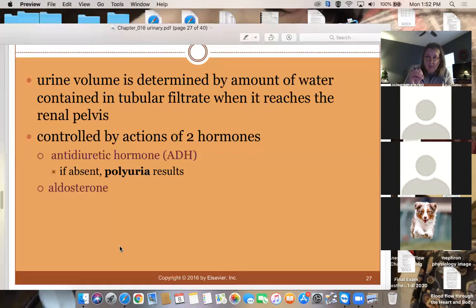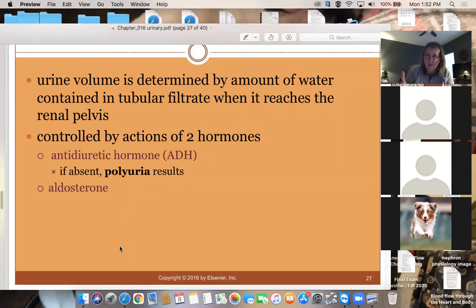So ADH has its effect at the kidney. What is it monitoring? Hydration. So if I have an animal that's ADH deficient, then what I worry about is that the body can't balance that body water. So what happens is they tend to urinate. The animal tends to have polyuria.